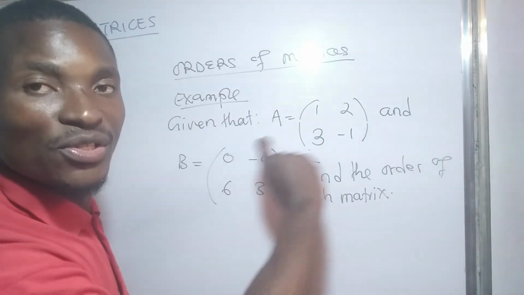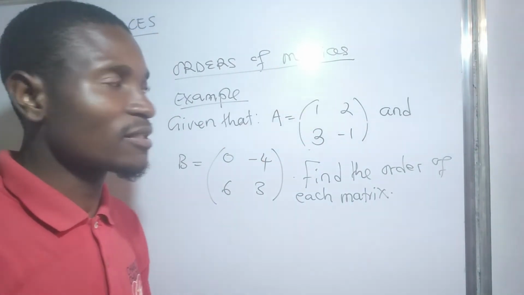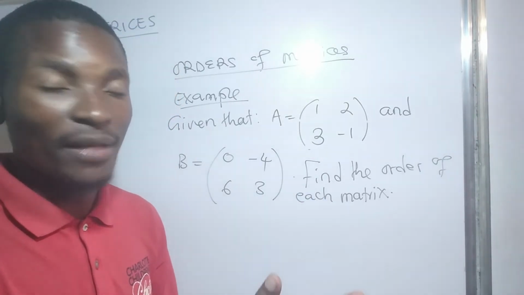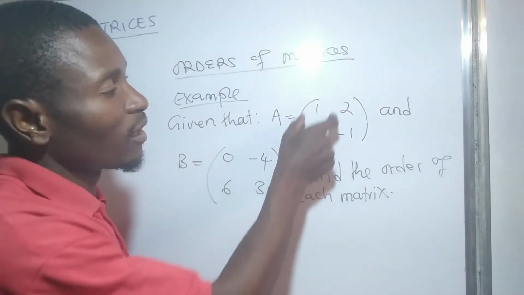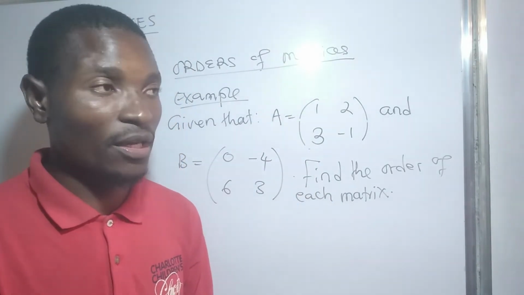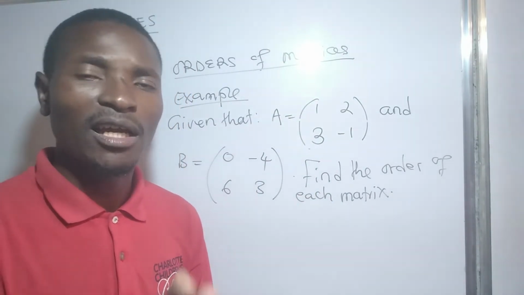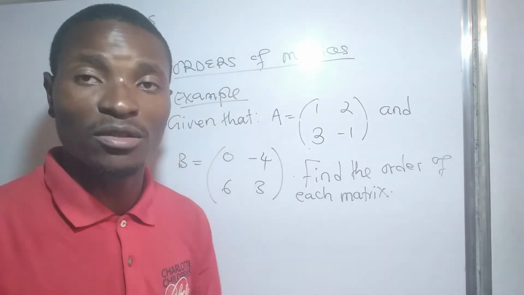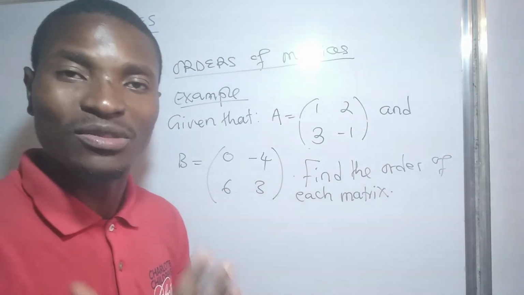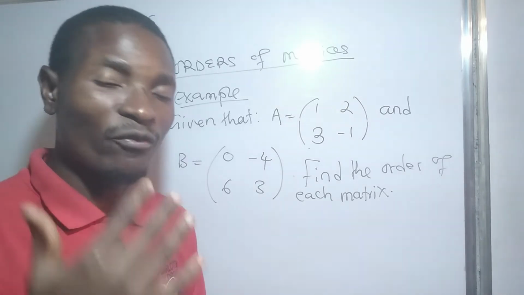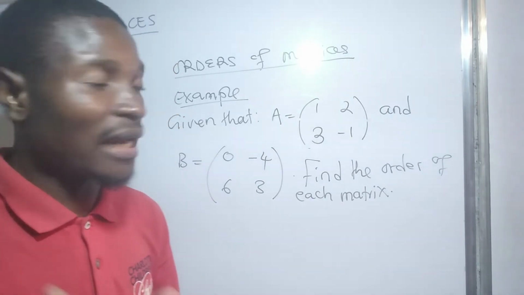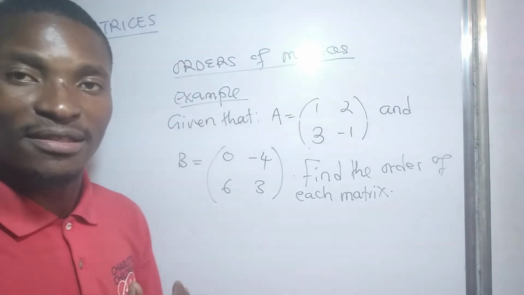Things that are horizontal represent the rows, and those that are vertical represent the columns. Make sure we understand which is a column and which is a row, so that we don't get confused when determining the order of a matrix. I hope you have gotten that concept. Now let's move on and answer the question.